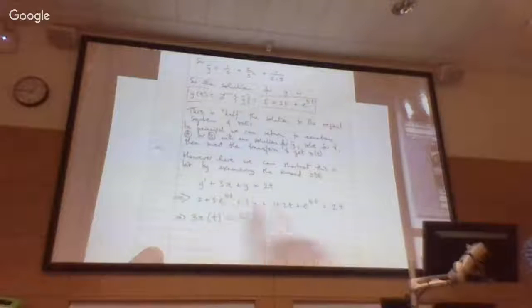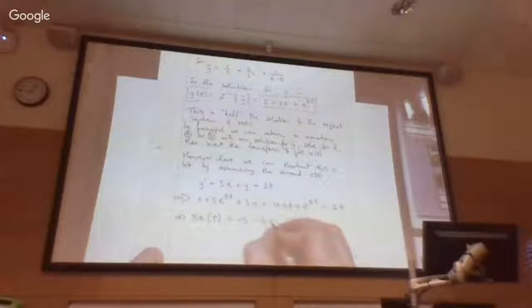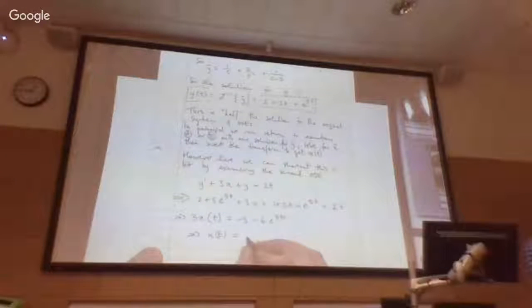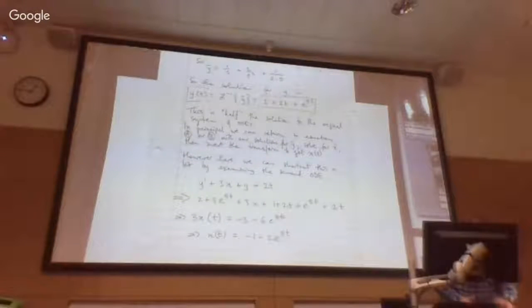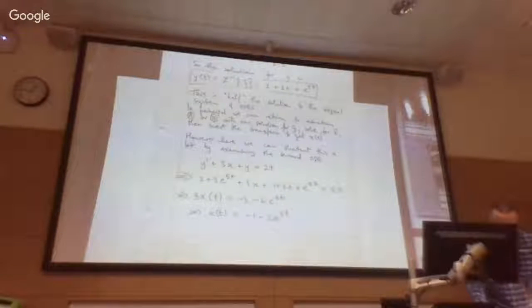There's a 5e to the 5t plus e to the 5t, so it's a 6e to the 5t, moved across into minus 6e to the 5t. And there is this 2t here, but there's also a 2t there. So finally, our solution x of t seems to be minus 1 minus 2e to the 5t. Pretty good. So that's the second half of our solution.